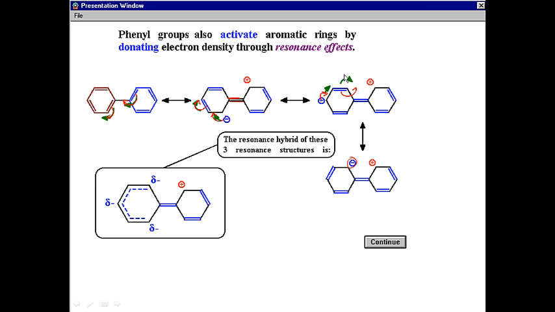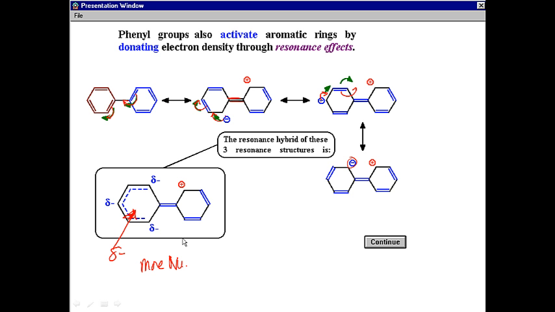So what I've done by being able to draw these 3 resonance structures is that I have increased the electron density in the ring. Okay, I've caused the other benzene ring to be a little bit less electrophilic, but I've increased the electron density in this ring, and therefore I've made it slightly more nucleophilic.